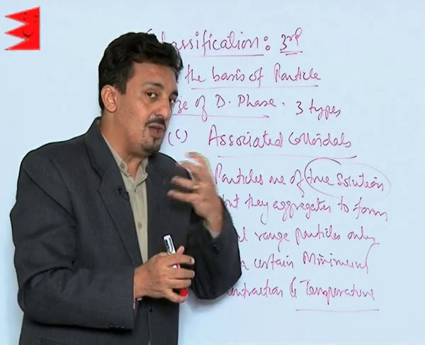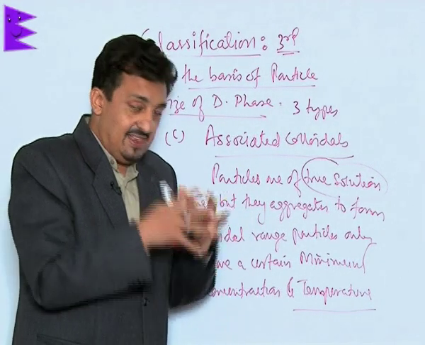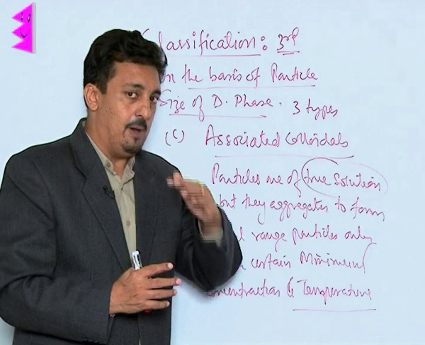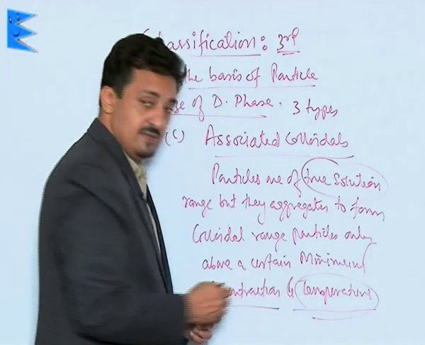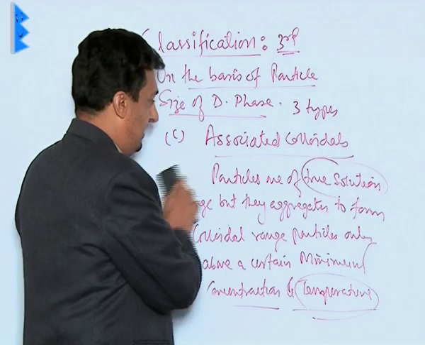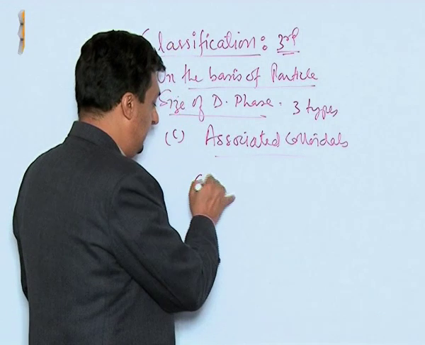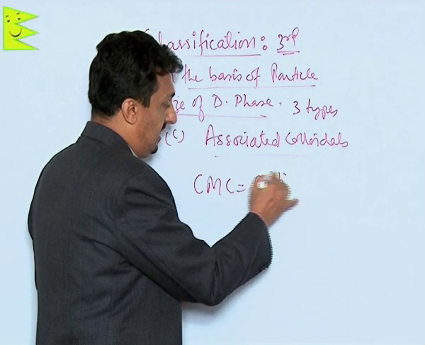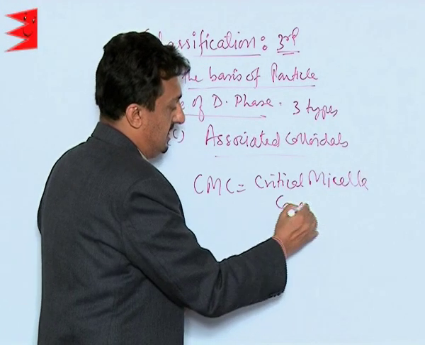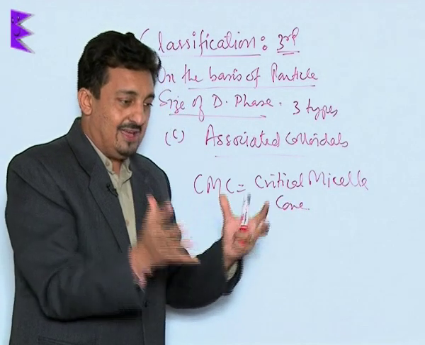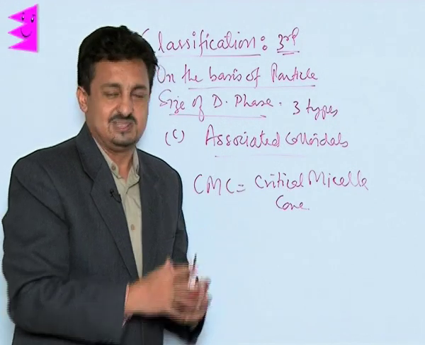But then why are we not calling them multimolecular? There is a reason. Because they associate only above a certain minimum concentration and temperature. And that certain minimum concentration is called CMC, critical micelle concentration, because on aggregation, whatever colloidal range particles they form are called micelles.